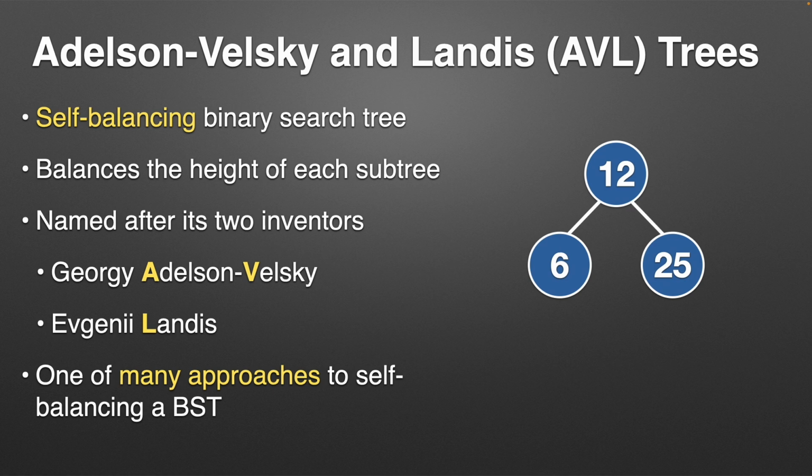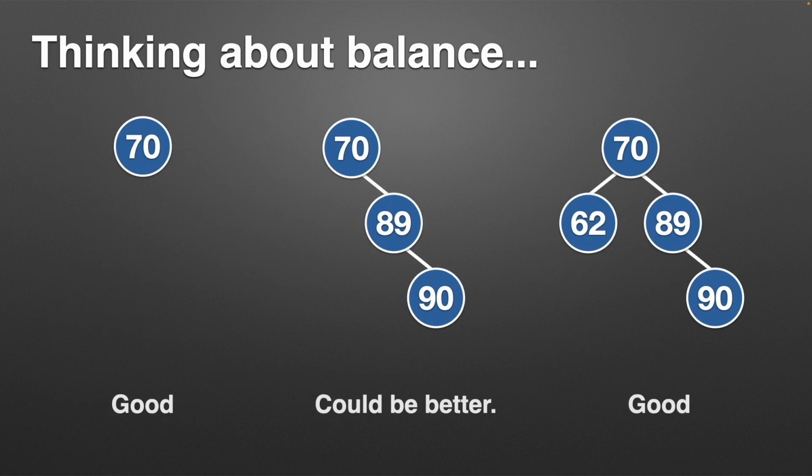There are minor trade-offs, and they usually have to do with constant factors. AVL trees are a pretty good way to balance a binary search tree. The idea is that we are balancing based on the height of each subtree, so we'll be trying to keep heights meeting a certain criteria.